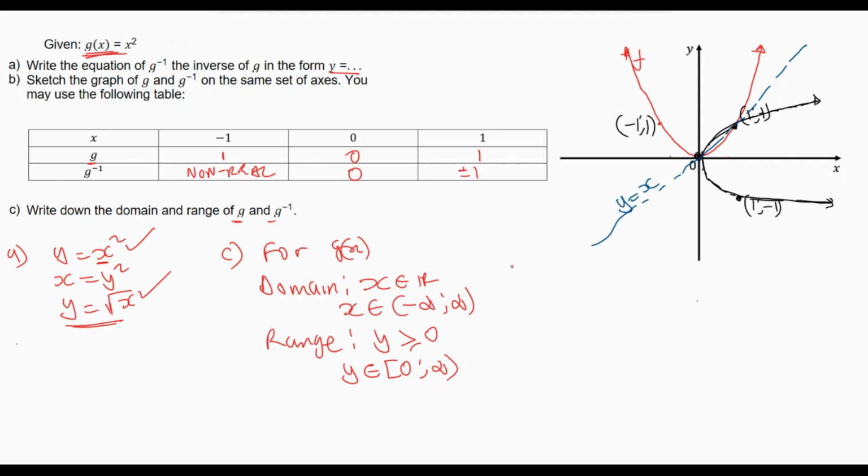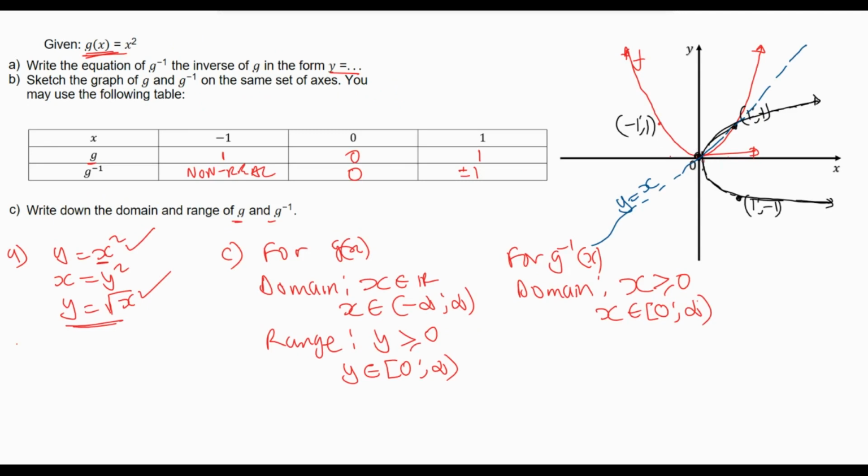Now what about for the inverse? For the inverse domain, the x is the one that starts from 0 going to the right like this. So it's x is greater than or equal to 0. We can say x is an element of 0 to infinity. These are the x values.